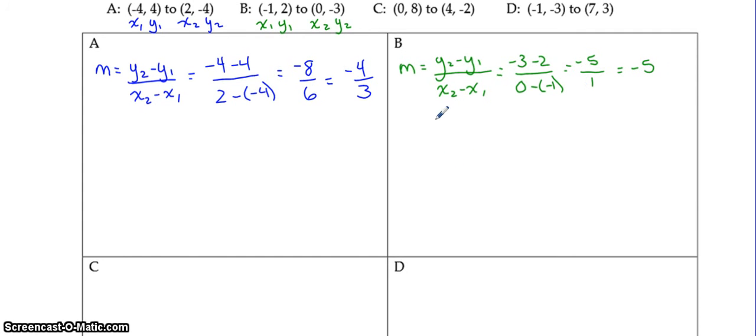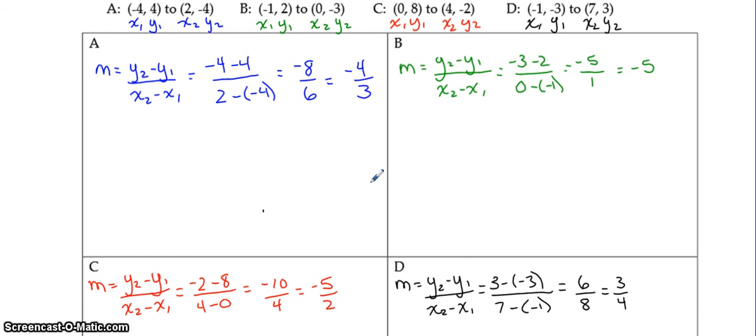So what I'm going to get you to do is to pause the video and try examples C and D on your own, and then press play back on the video to check your answers. So please press pause now and try examples C and D. Okay, welcome back to the video.